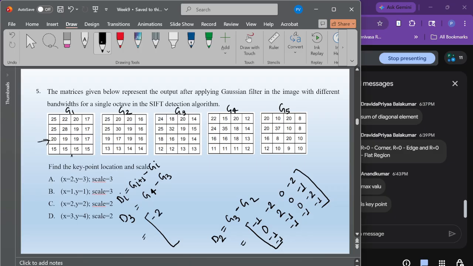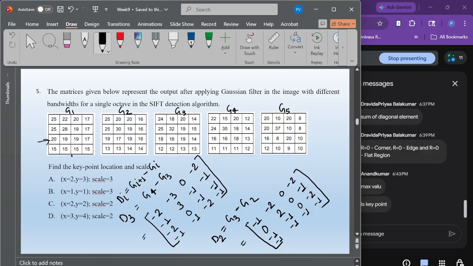The first is minus 2, minus 3, 0, 0, minus 2, next minus 1, next one is 3, then minus 1, minus 1, correct. Next row: minus 2, 0, 0, and minus 1, minus 1, minus 1, correct. Then minus 1, minus 1, minus 2 and minus 1, right? Minus 2, minus 2, minus 1, minus 1.